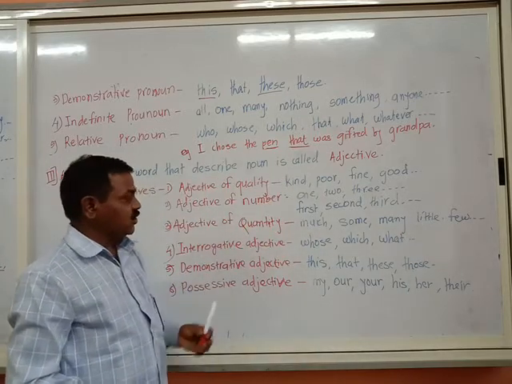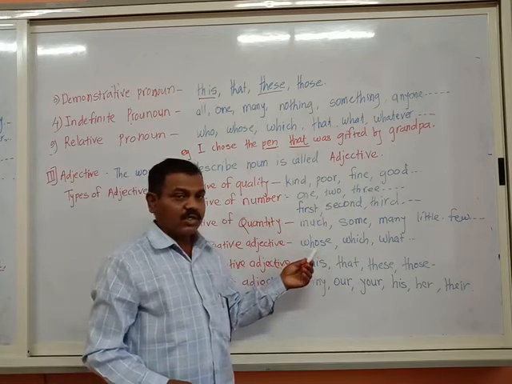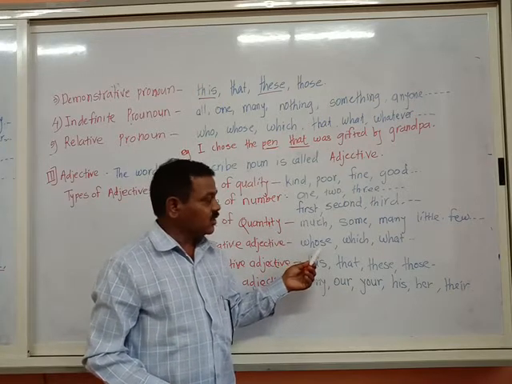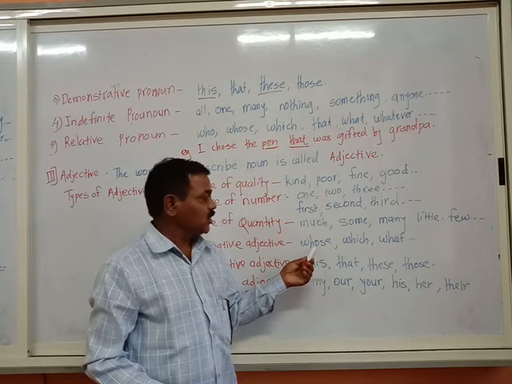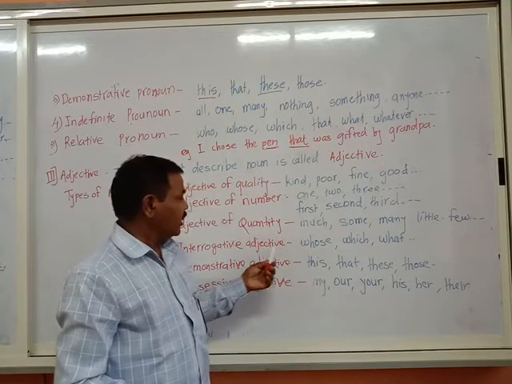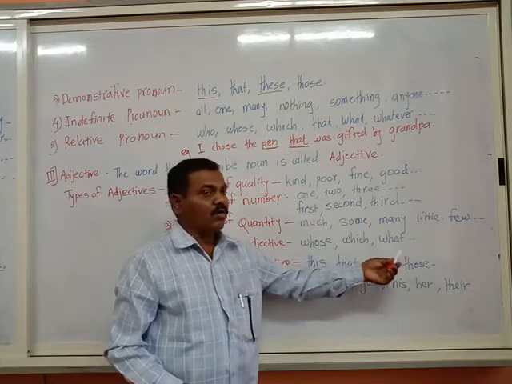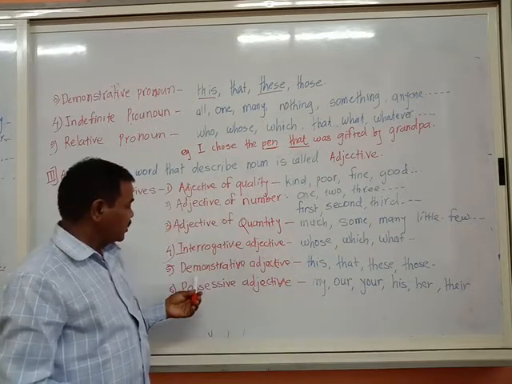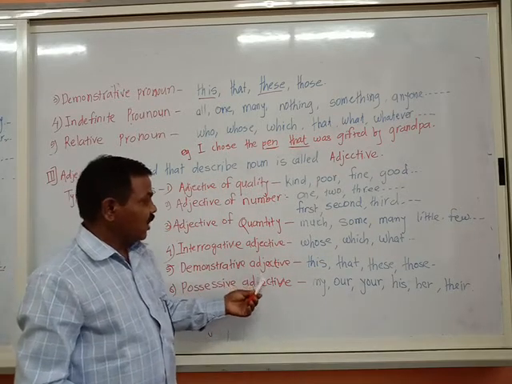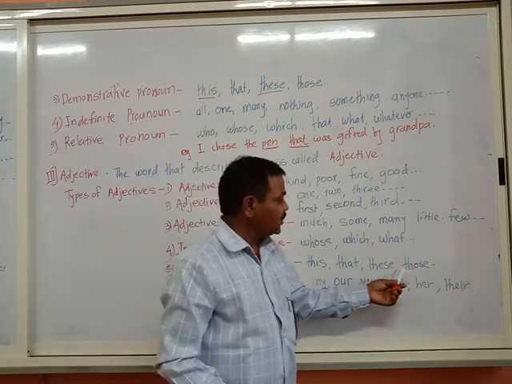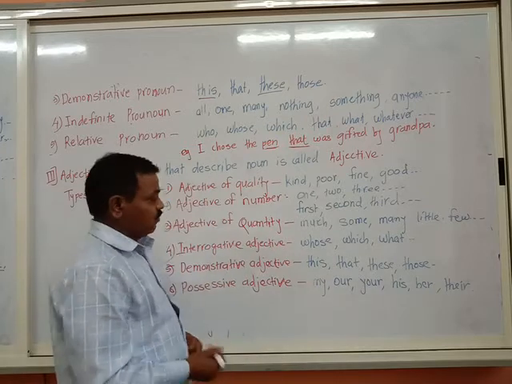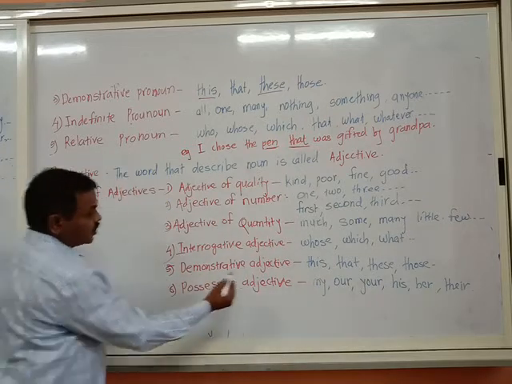Then interrogative adjective. Some words, the WH words, are used to ask a question. They are called interrogative adjectives: whose, which, what, etc. And next, demonstrative adjective. Now you will be confused with these examples, this, that, these and those, because some time ago I told you the same examples.